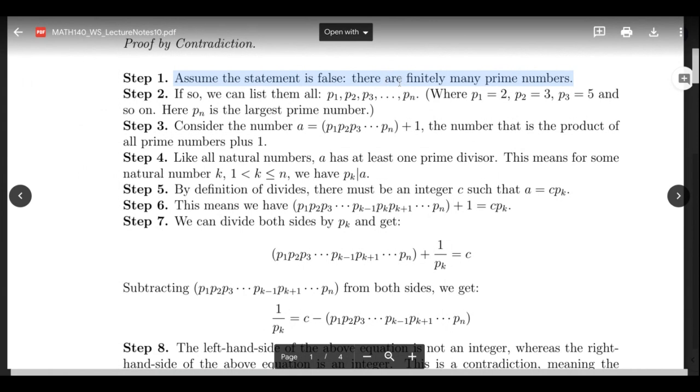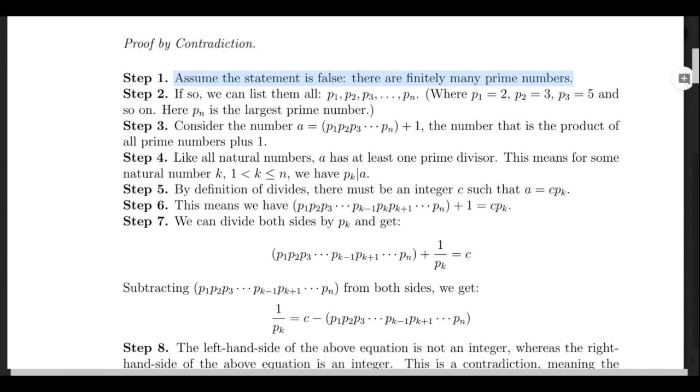Which in turn proves there are infinitely many primes. They cannot be finitely many prime numbers, because if there are finitely many prime numbers, we arrive at a contradiction. The contradiction is we will be able to write a fraction as an integer. That's a contradiction.